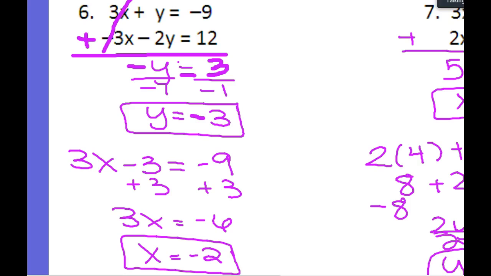Again, when we are doing these problems, it is really helpful to first solve for the variable that is easiest to be eliminated and then plug back in. So let's go look at example number 2.